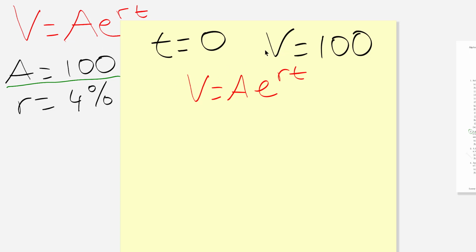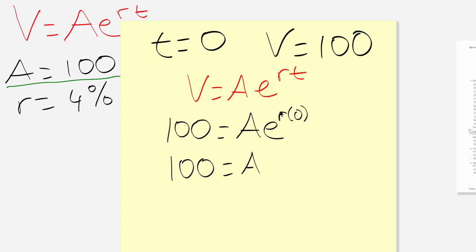So 100 equals Ae^(r times 0). Now you get 100 equals A times e to the power of 0, and e to the power of 0 is 1, because anything to the power of 0 is 1. So 100 equals A times 1, so 100 is A. So your initial value, or your A in this particular case, is 100.